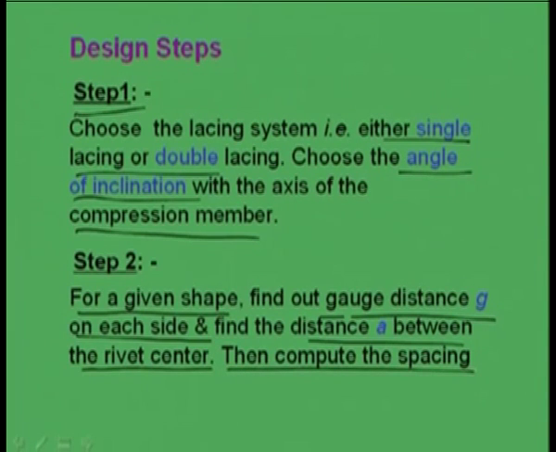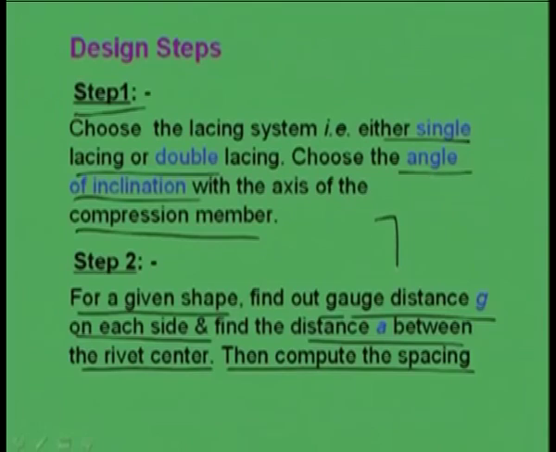That means, first we will find out some shape, on the basis of the availability in the market or on the basis of the choice of the designers, we will find out the built up section shape, whether it is channel section or I section or combination of channel and I section, or combination of angle section, that we will first decide.